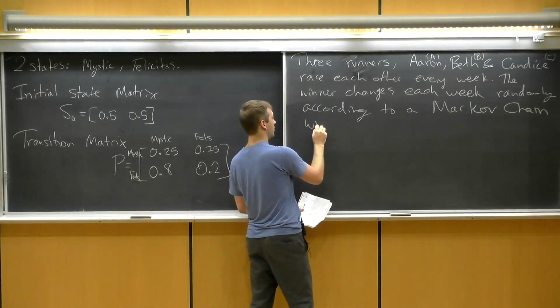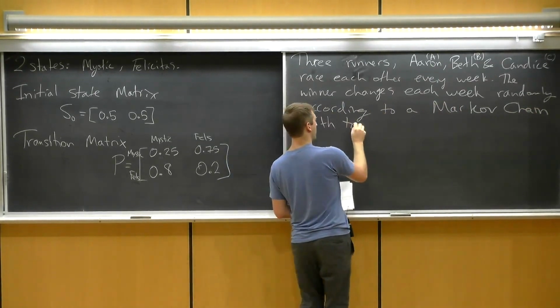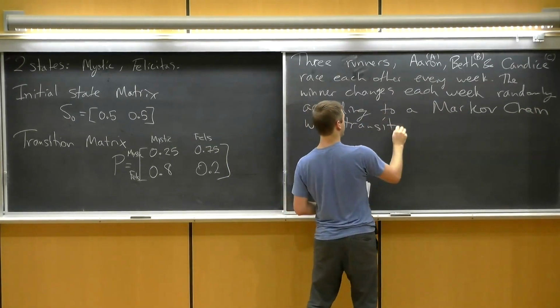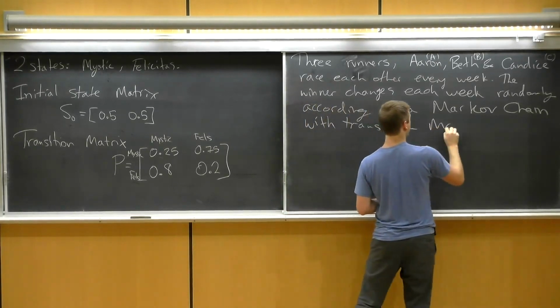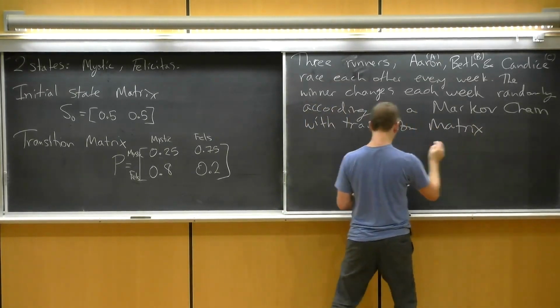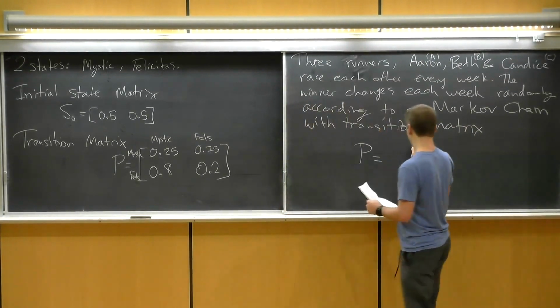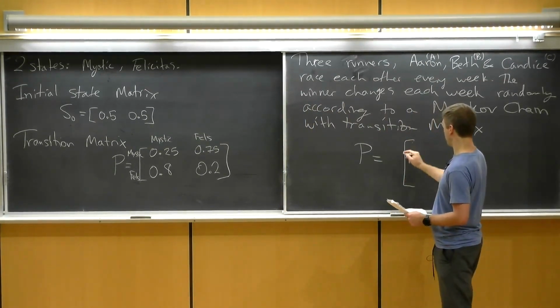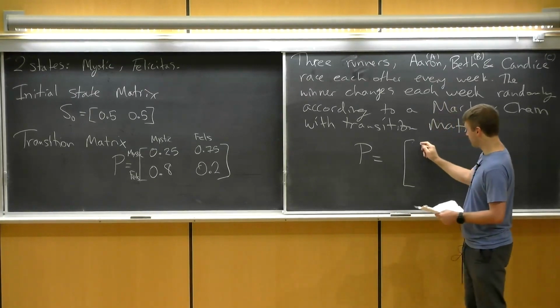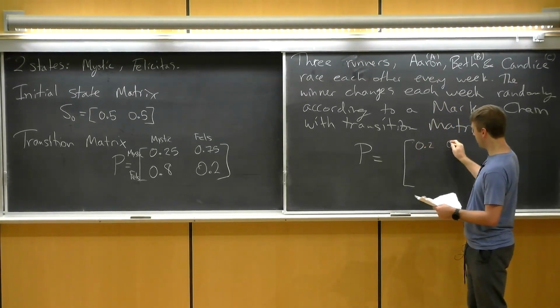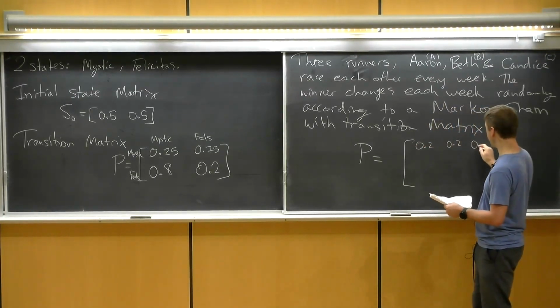I'll call it P. Okay, so the first row is 0.2, 0.2, 0.6.